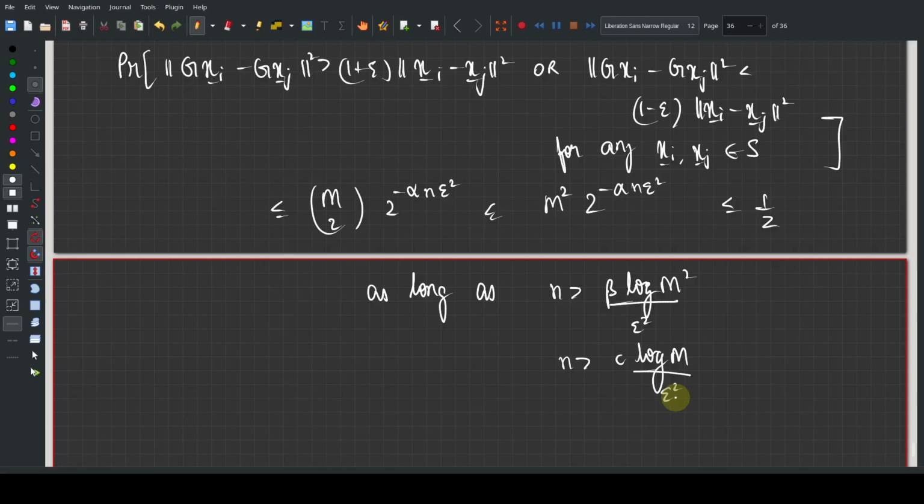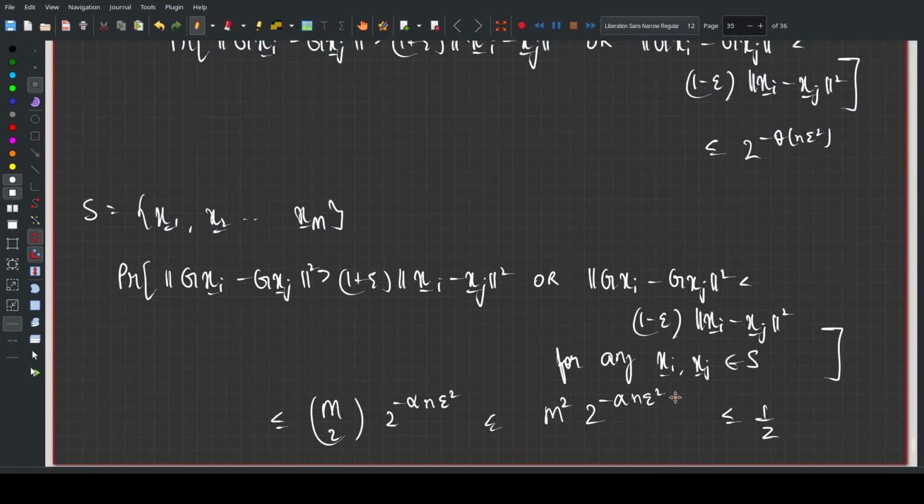So dimensionality reduction can be done not just using Gaussian matrices, but with a much wider class of matrices. Many of these techniques use similar tools, but not all of them. For example, if G is structured, then you need a completely different set of tools to analyze whether pairwise distances are approximately preserved or not.